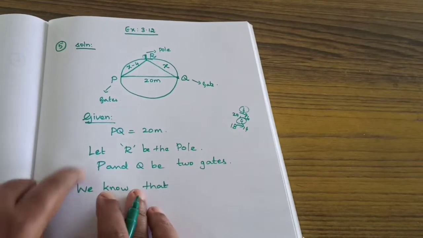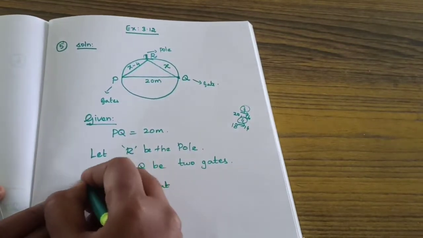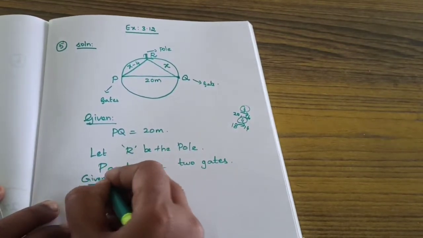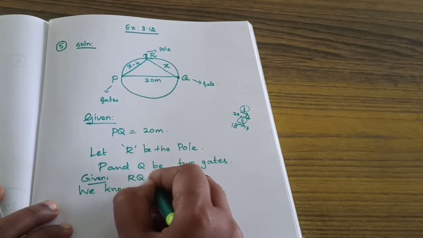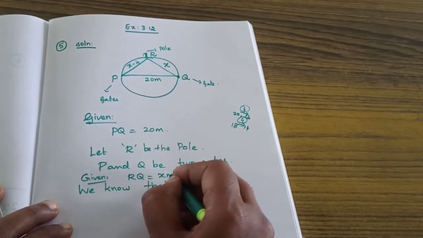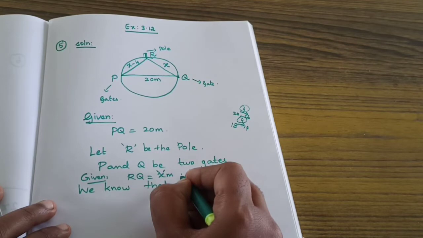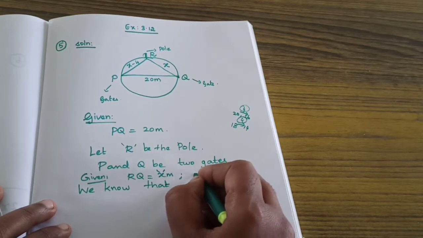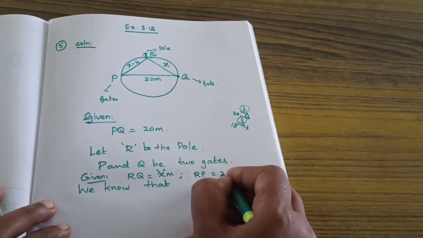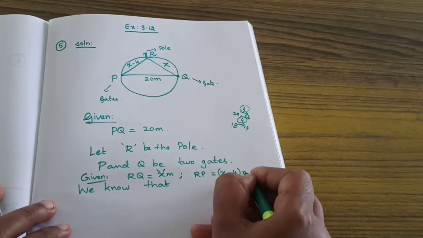Before that we need to write, given RQ equal to x meters, therefore RP equal to x minus 4 meters according to the given value.